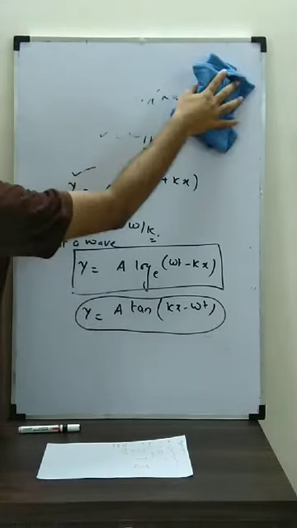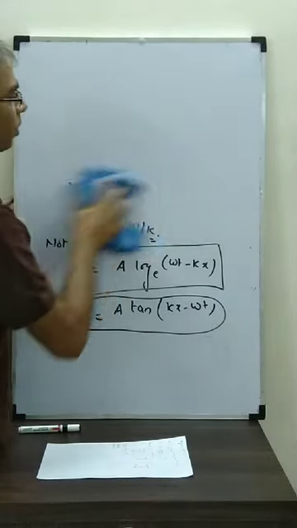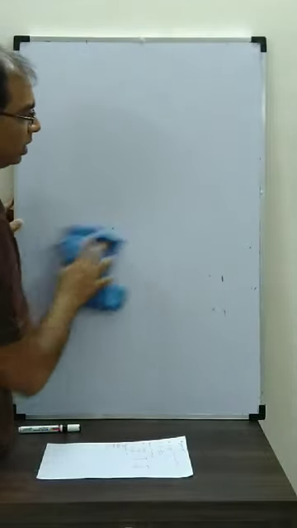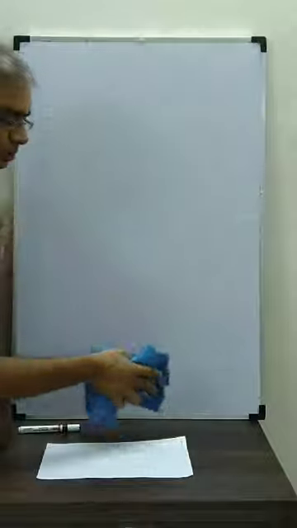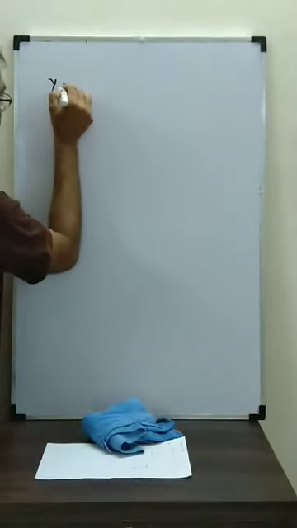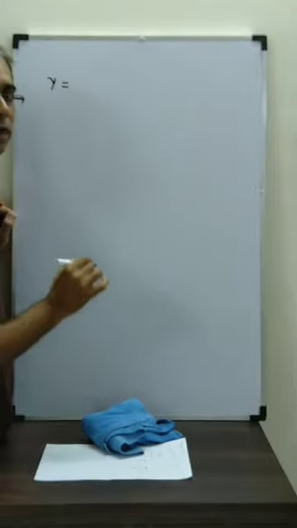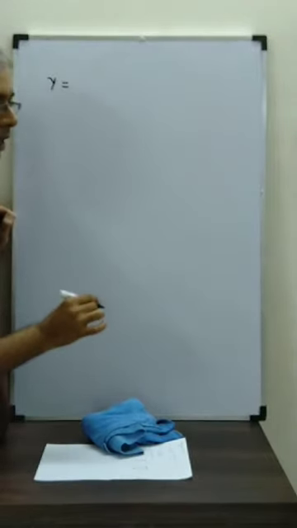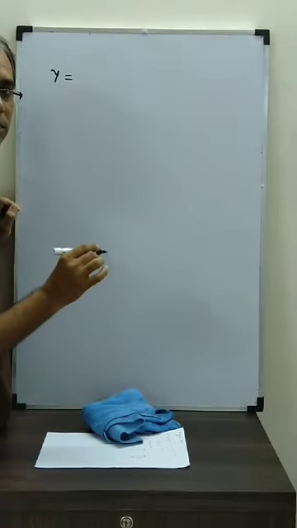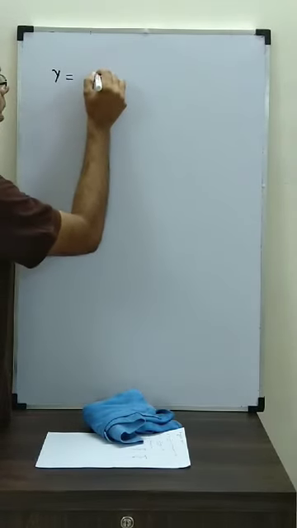If we have a function which is defined for every value of x and t, that can represent a wave. Again, any function which is defined at every value of x and t can be represented as a wave. Is that clear?